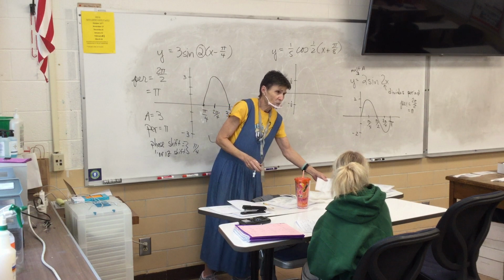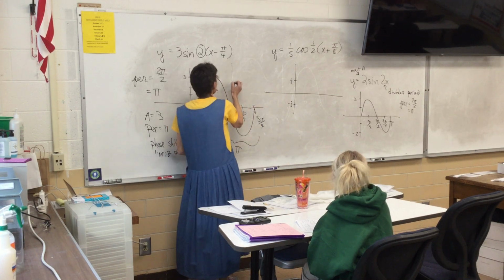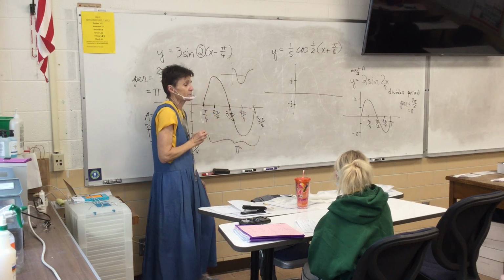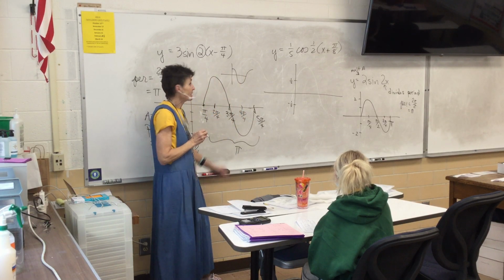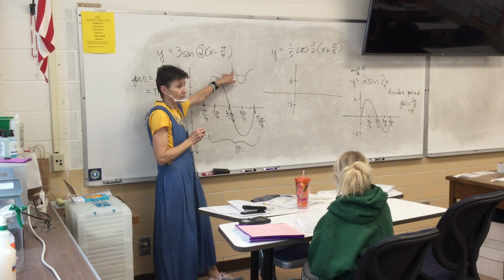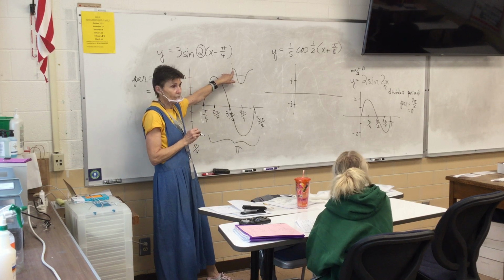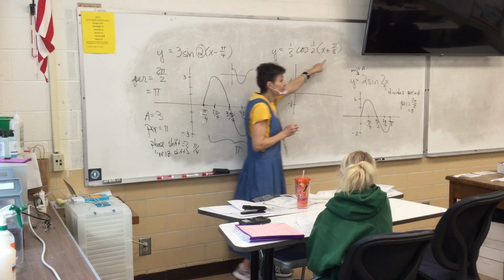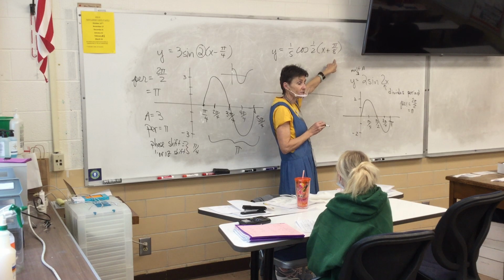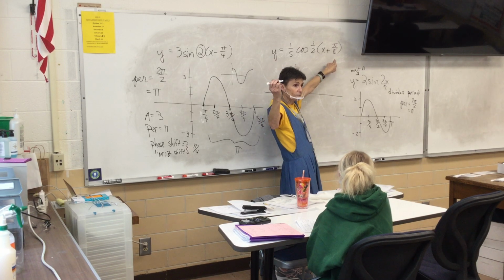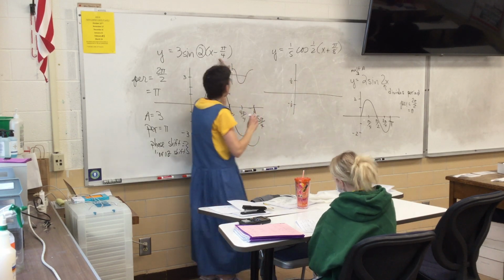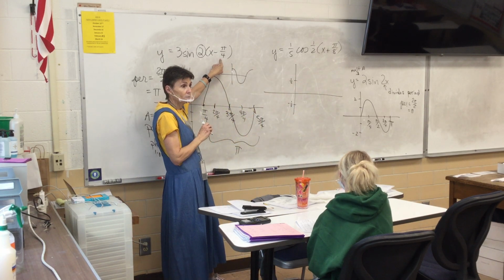Now, it's a cosine. So a cosine is supposed to start here and do this. That's what a cosine does. But this cosine is not starting here. Where is this one starting? Right here. It's been shifted. How's it been shifted? To the left, pi over 8. This one went right, pi over 4, right?